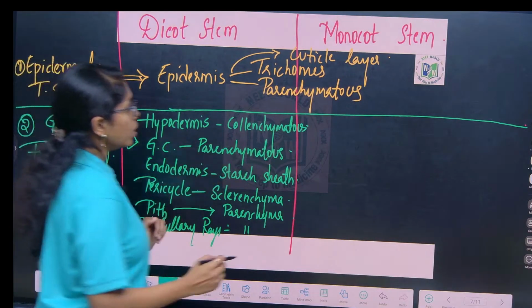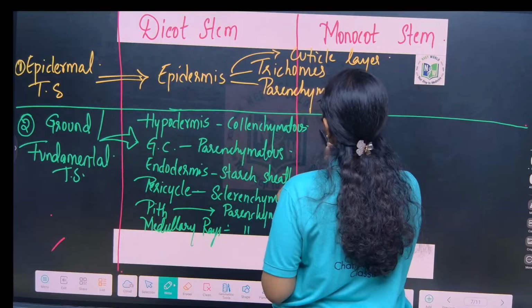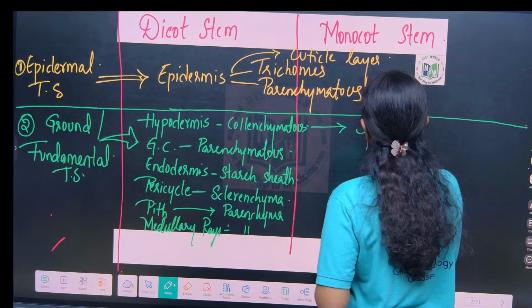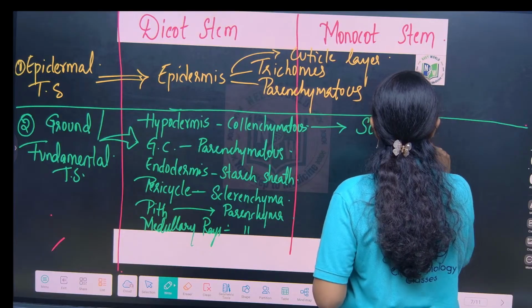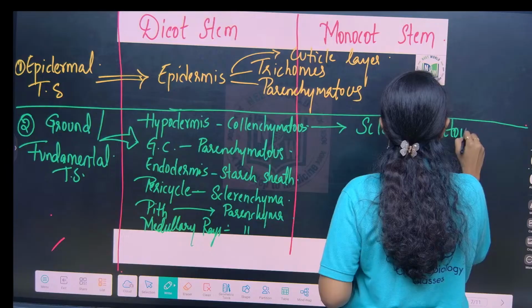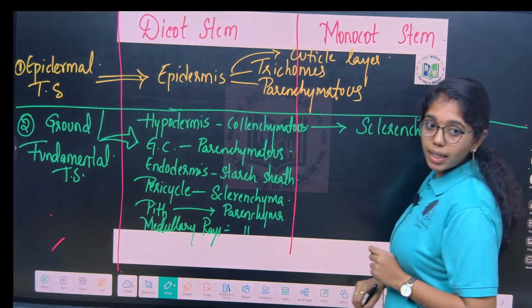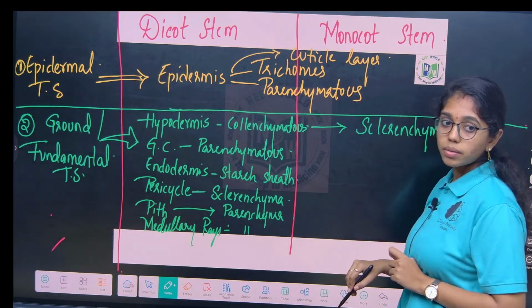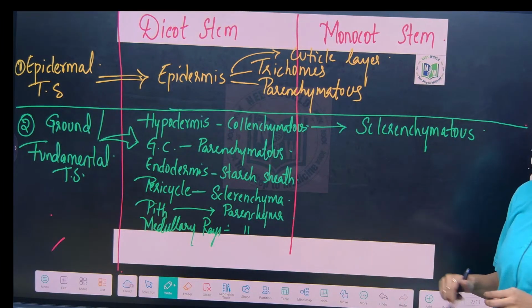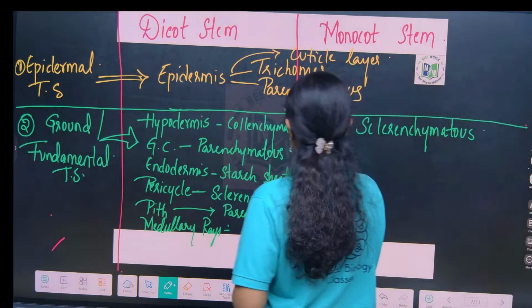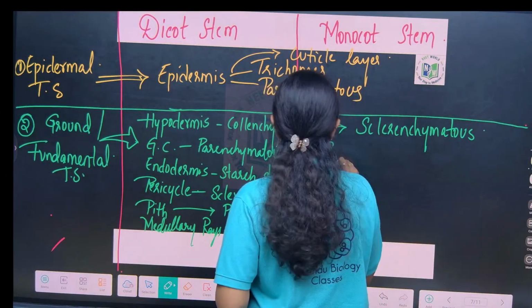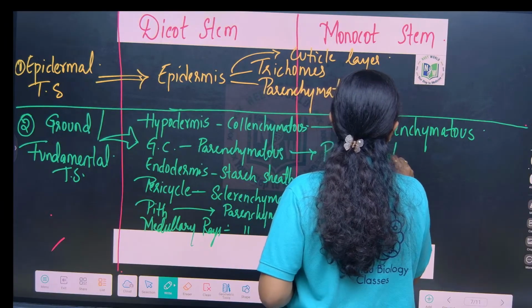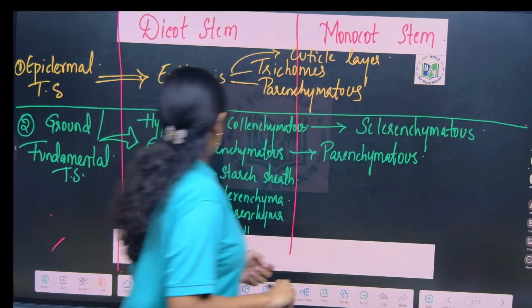Here if you see in monocot stem, only hypodermis is present. Hypodermis is sclerenchymatous, right? General cortex in monocot stem is parenchymatous.